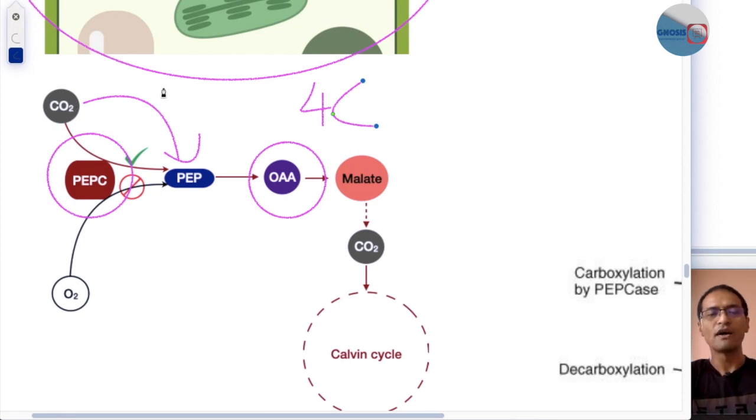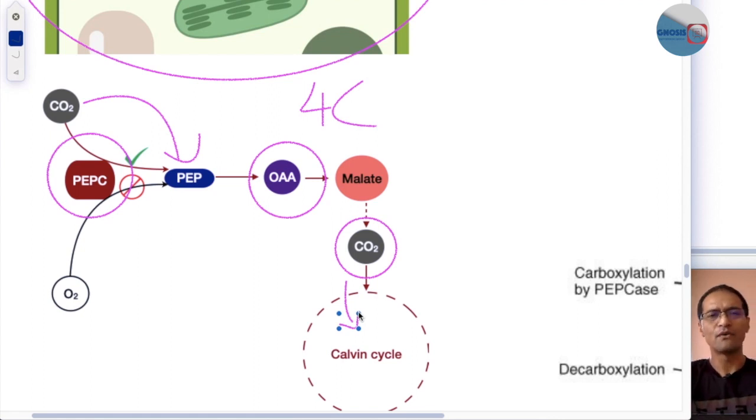So this pathway of carbon dioxide fixation is called the C4 pathway because the first stable product, oxaloacetate, is a 4-carbon compound. Now this oxaloacetate then gets converted to malate, and then malate will release the carbon dioxide into the internal tissues of the plant, where it can then enter into the carbon cycle.